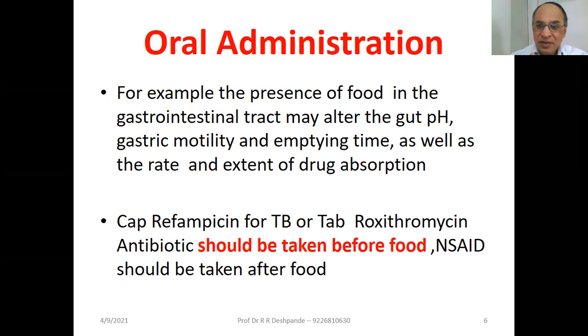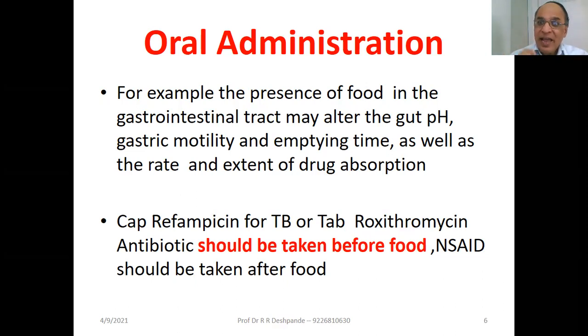So sometimes there should be food in your stomach and sometimes there should not be food in your stomach when considering oral administration. For example, capsule rifampicin, which is the best drug for tuberculosis, or tablet roxithromycin, a best antibiotic, should be taken before food. Very important.